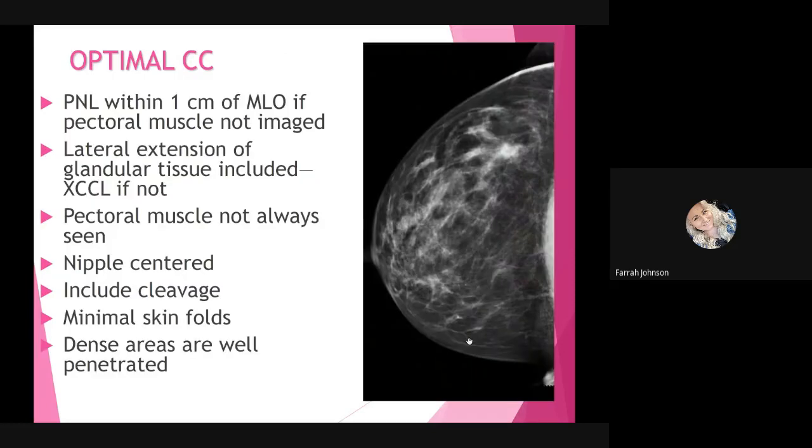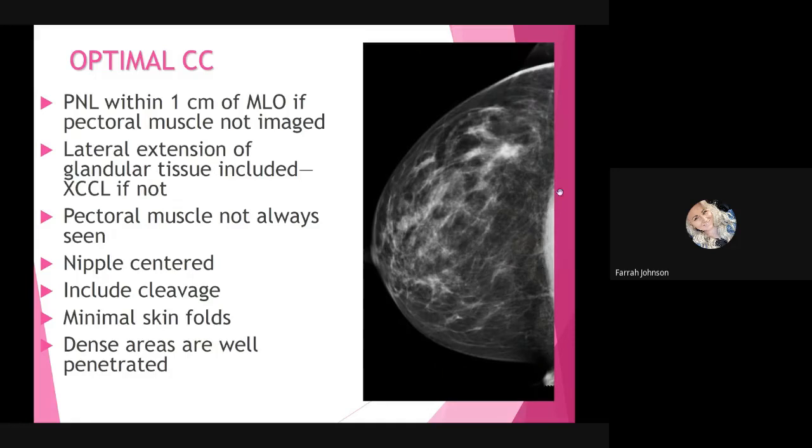So the optimal CC is going to have a PNL within 1 centimeter of the MLO if the pectoral muscle is not imaged. You should see the lateral extension of glandular tissue included. If it is not, then you can do an XCCL to include that lateral axillary tail region. The pectoral muscle is not always seen on your CC projection, which is depicted right here.